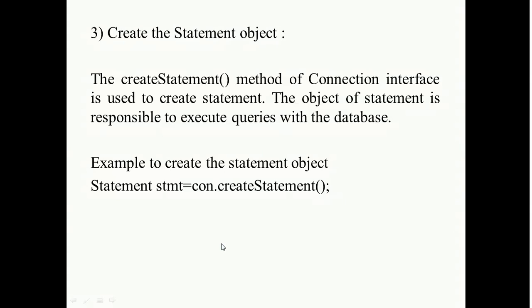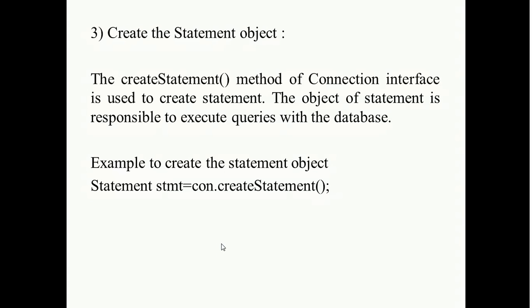The third step is create the statement object. After creating a connection, the next step is to create the statement object, and for that the createStatement method of the Connection interface is used to create the statement. The object of the statement is responsible for executing the queries with the database.